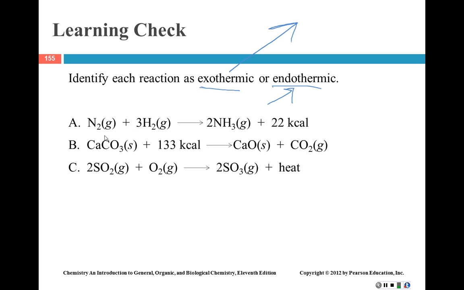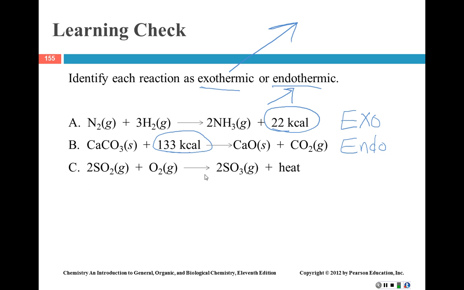So in this particular reaction, is heat given off or is it put in? Well, it's a product, which means it's going to be given off. So that one would be exothermic. In the second one, in B, did we put energy in or did we release energy? I believe that we had to add energy because it's on the reactant side. So that one must be endothermic.